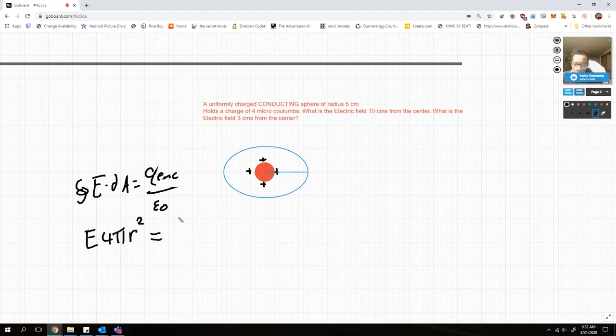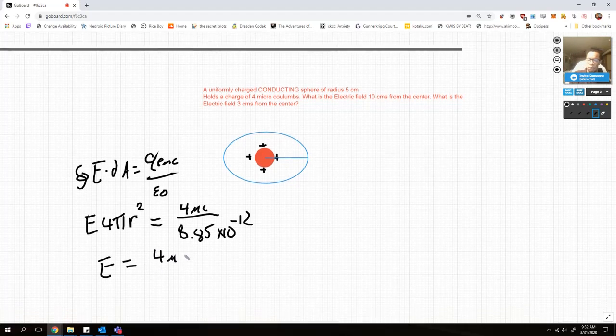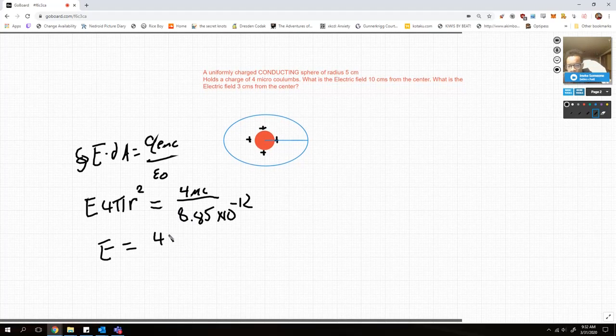So my Q enclosed turns into 4 microcoulombs. And then my epsilon is like what I said, 8.85 times 10 to the negative 12. I would just divide this over, and I'd end up with 4 microcoulombs. I'm not going to write it, but 4 times 10 to the negative 6.